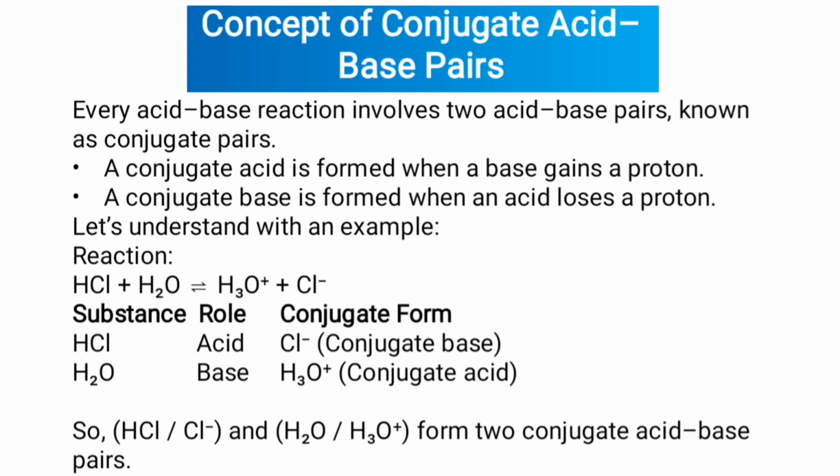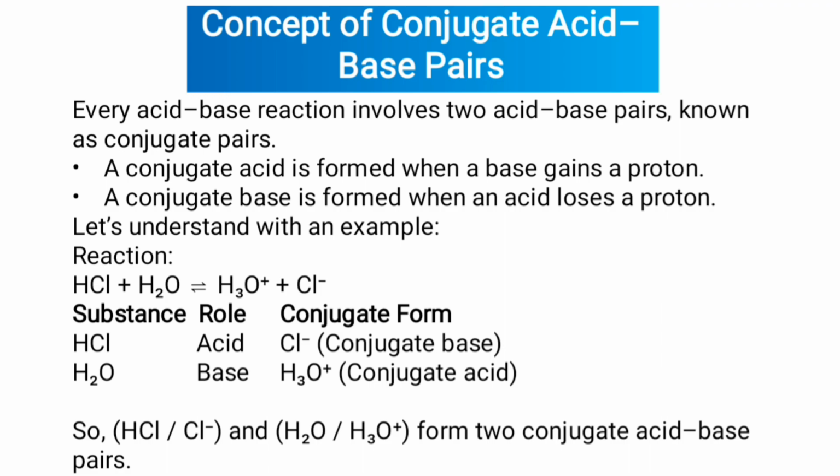Now, substance, role, conjugate form. The first substance is HCl and its role is an acid, and Cl- is its conjugate form, a conjugate base, because a conjugate base is formed when an acid loses a proton. Here HCl lost a proton. And the second substance is H2O.